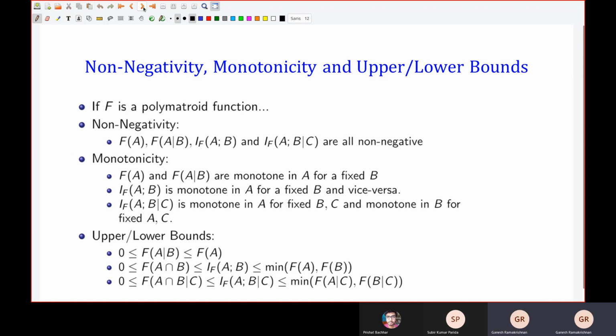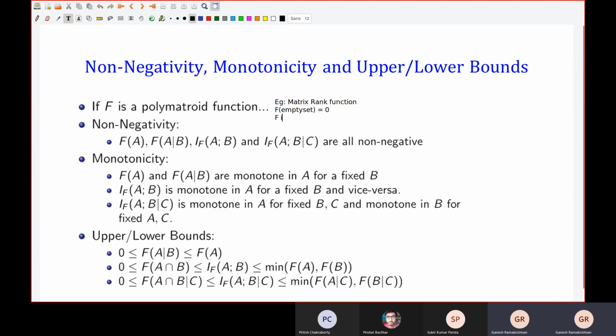So recall what is a polymatroid function. And the best way to remember a polymatroid function is matrix rank, right? What are the properties of the matrix rank function? F of the empty set, the empty set of columns, is 0.